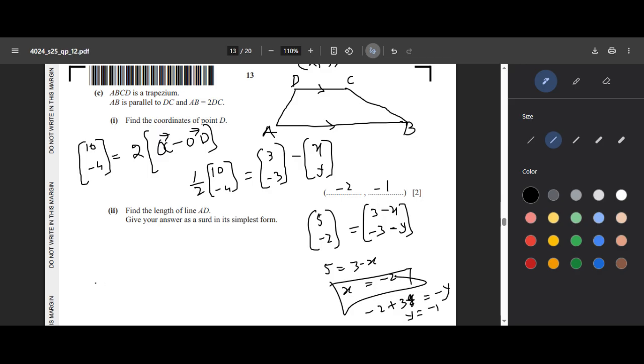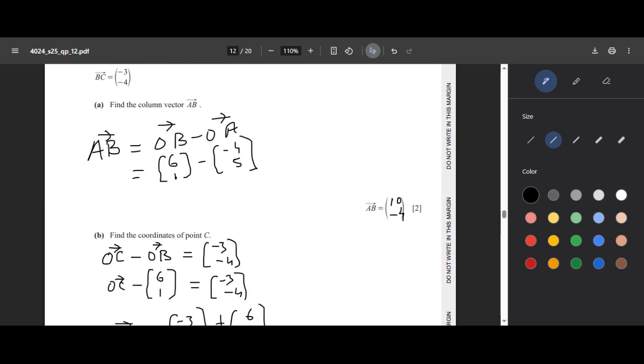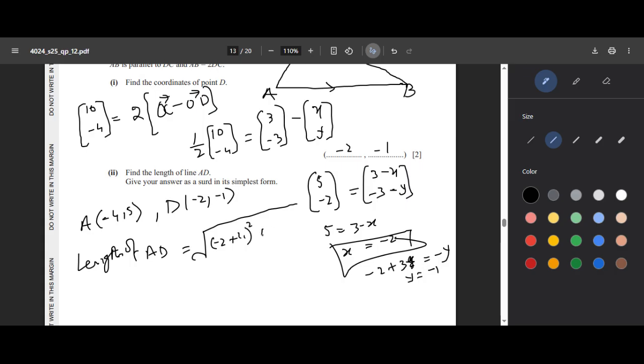अब अगर कहते हैं कि फाइंड द लेंथ ऑफ ए डी, तो कोऑर्डिनेट्स ऑफ ए हैं -4 5, और डी के कोऑर्डिनेट्स हैं -2 -1. लेंथ ऑफ ए डी इक्वल्स टू अंडर रूट x2 minus x1, -2 plus 4 whole square, plus y2 minus y1, -1 minus 5 whole square.